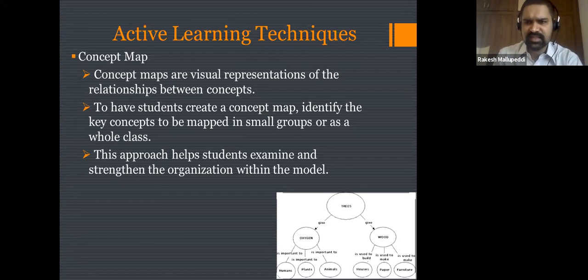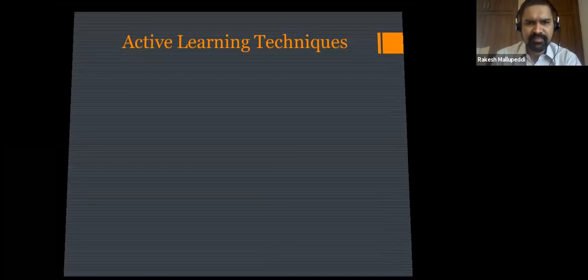We are bringing down the much higher subject learning into smaller steps, so that it's easy for students to understand. It gives them an opportunity to think differently, to present in their own manner. So yes, these are some of these activities.